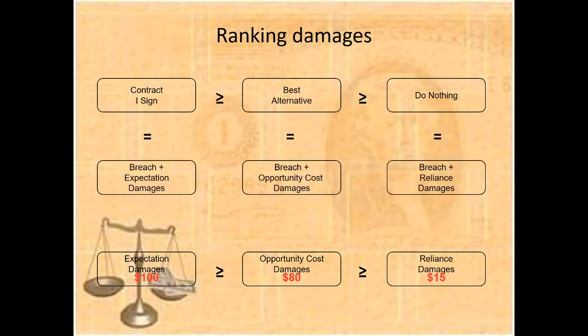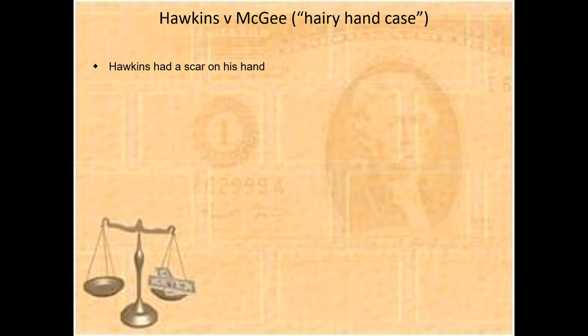So this is what is called breach plus expectation, breach plus opportunity cost damage, and breach plus reliance damage. So it is quite interesting. Now we have a proposition of which one you always have as the higher one. This is in a nutshell what we can say about the ranking of these.